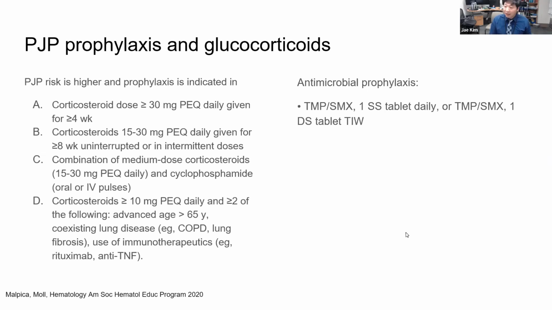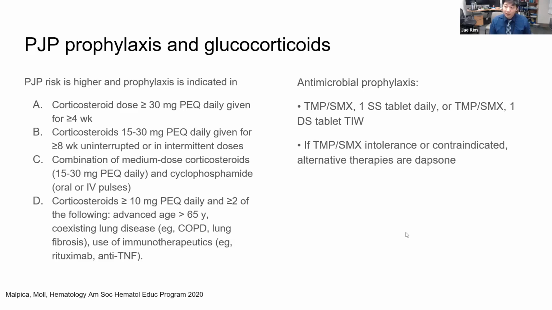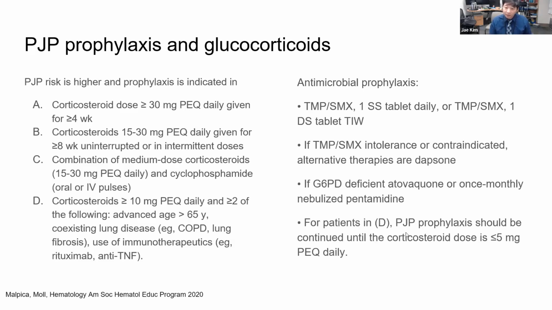First line is Bactrim, either single strength daily or double strength 3 times a week. If there's intolerance or a contraindication, alternative therapies are Dapsone. Remember to check for G6PD. And if G6PD is deficient, you can go to atovaquone or once monthly nebulized pentamidine. And for patients in this category D here, prophylaxis should be continued until the corticosteroid dose is less than 5 prednisone equivalents daily.